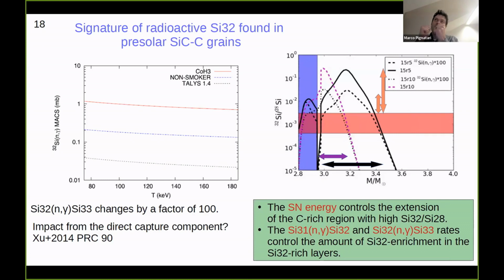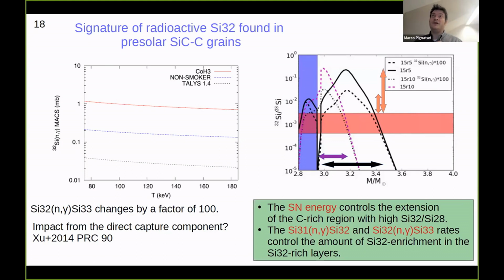This is silicon-32 over silicon-28, so we look at the ratio. If we have a more energetic explosion, the peak is translated a little bit outward, but the height of the peak of the ratio is not changed. If we reduce the energy, and still reduce the energy, you don't have any more silicon-32 produced in the carbon-rich region.